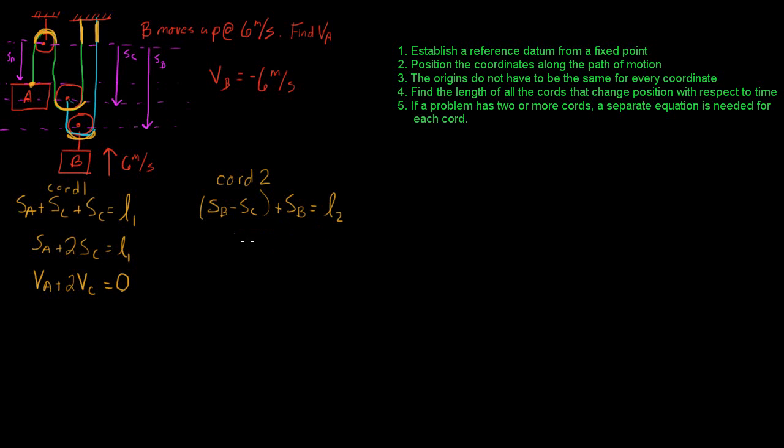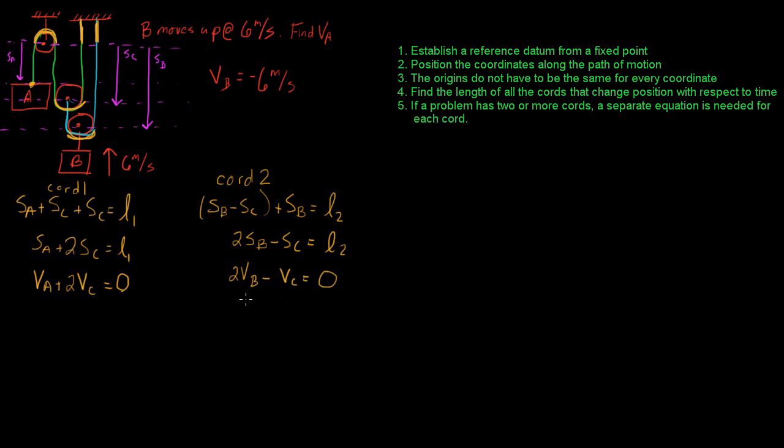When we simplify this, we get 2SB minus SC is equal to L2. And we can differentiate this with respect to time and get 2 times VB minus VC is equal to 0.